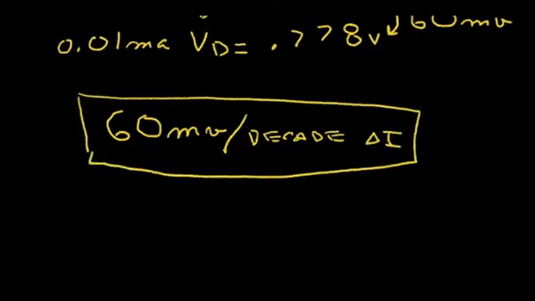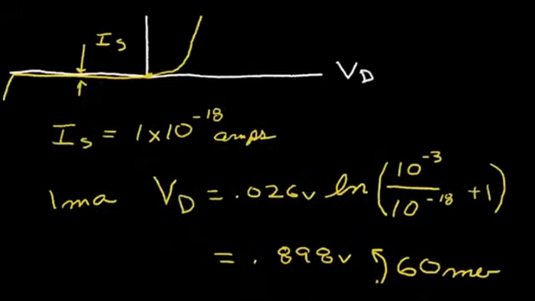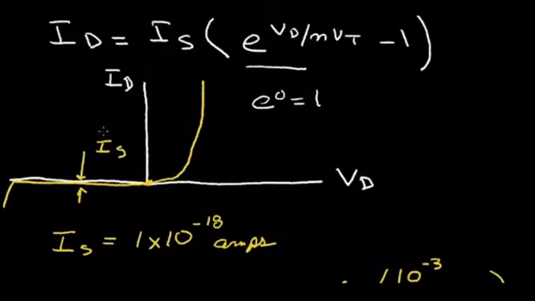Now there's another rule of thumb. Let's go back to the diode curve. And as the diode temperature increases, this curve, the diode drop, will decrease. And as the temperature increases, actually the saturation current will increase, so it'll become more negative.